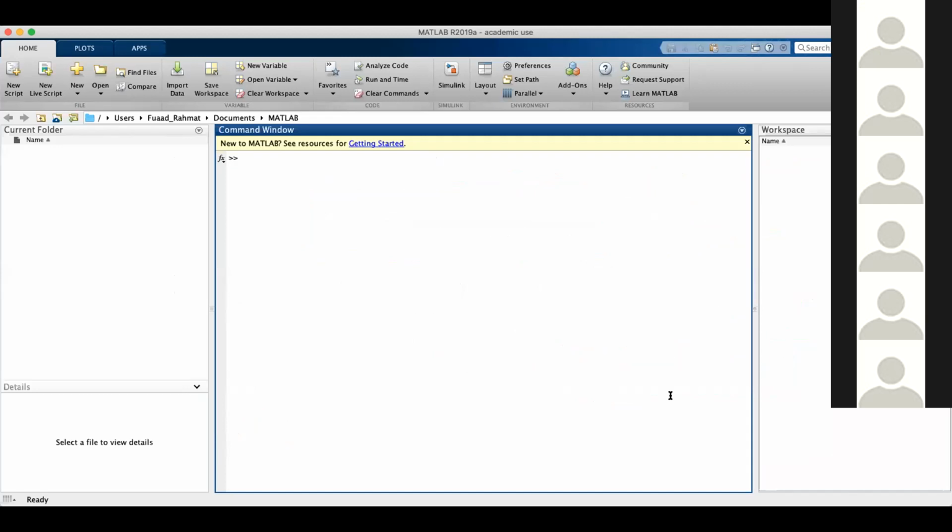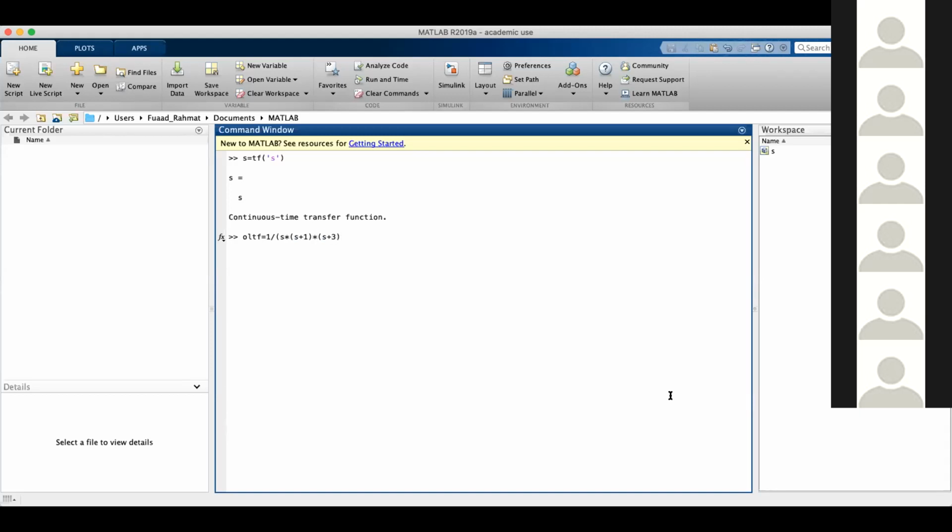Right. So now you have a transfer function, and your open loop transfer function is equal to K, which we assume as 1, divided by S multiplied by S plus 1, multiplied by S plus 3.